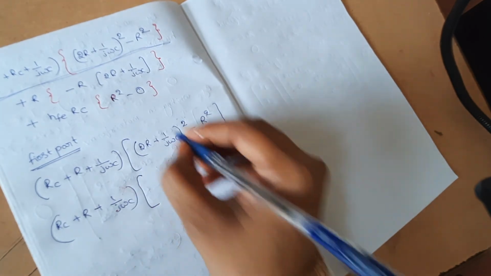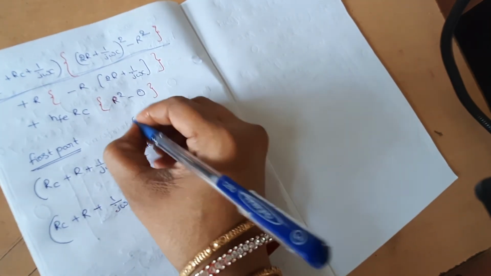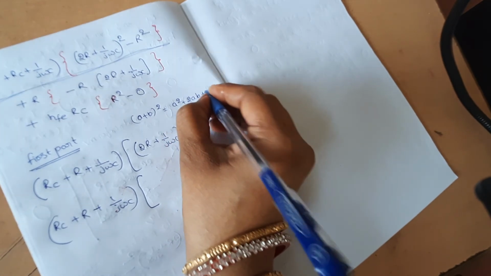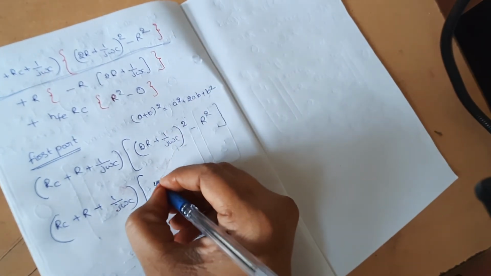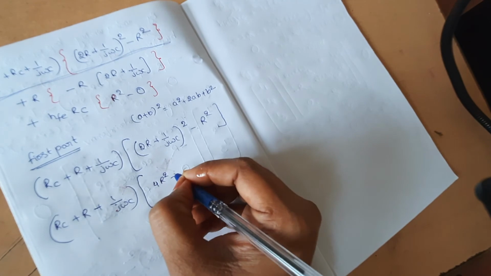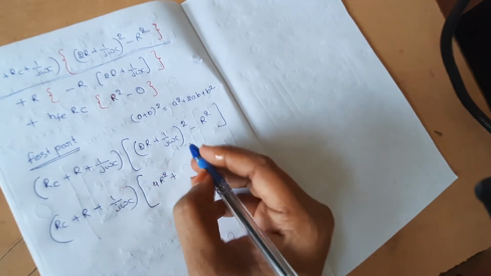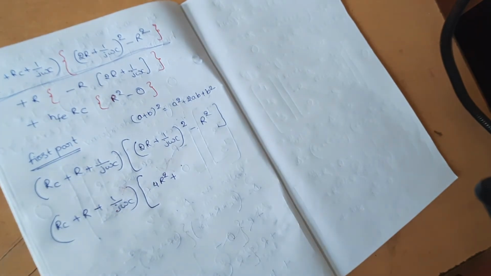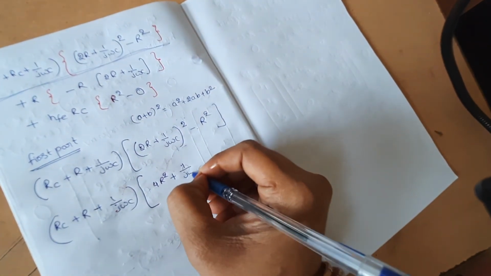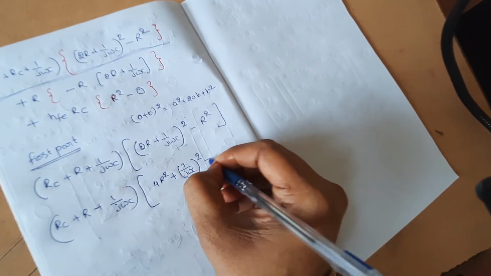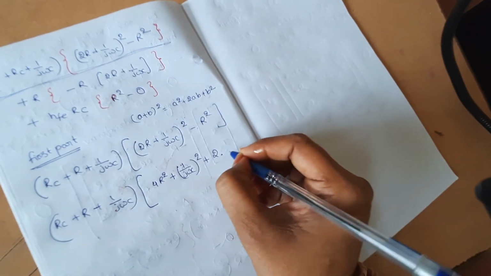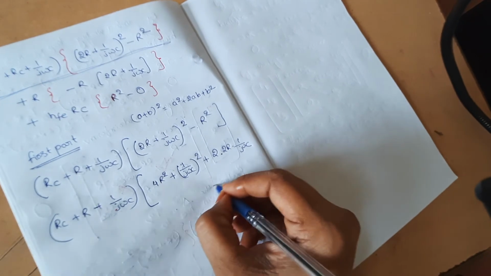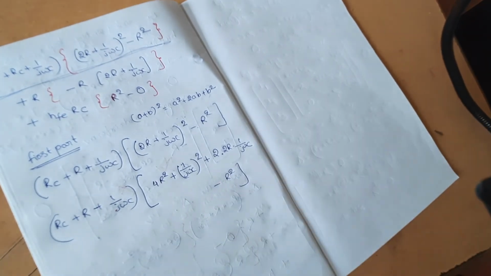Okay, a plus b whole square formula: a square plus 2ab plus b square. So 4R square plus 1 by j omega C whole square, plus 2 into 2R into 1 by j omega C, minus R square.